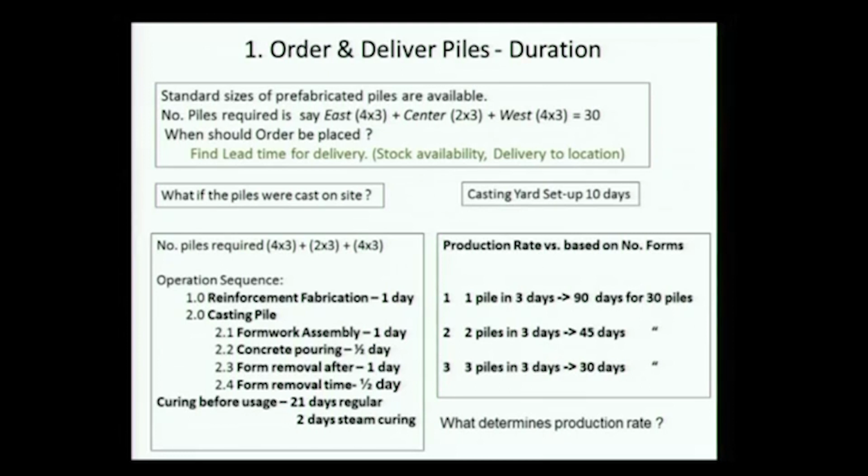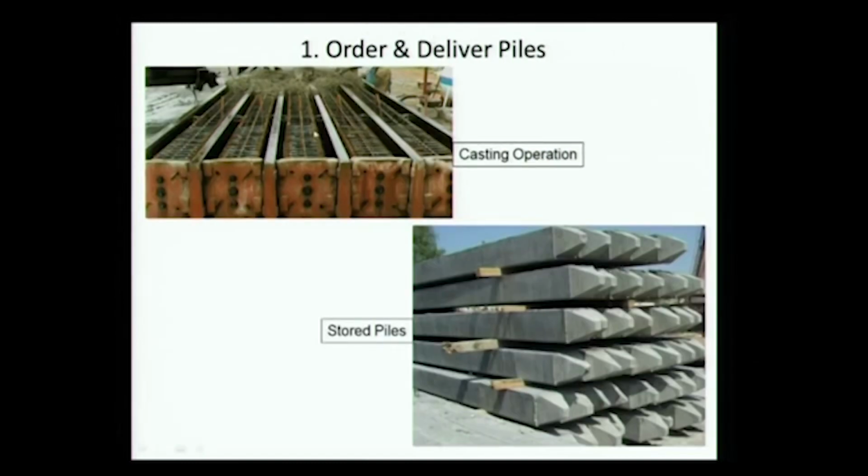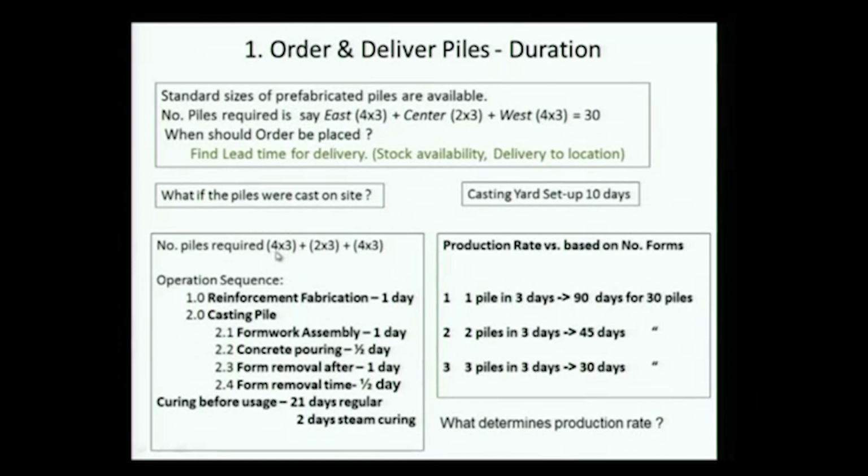Now the other alternative, which I have shown here, is that I decide to cast the piles on site. What are the operations required? You can see from the earlier slide, it will certainly have a reinforcement cage, and it has formwork. So this is the typical sequence of operation.